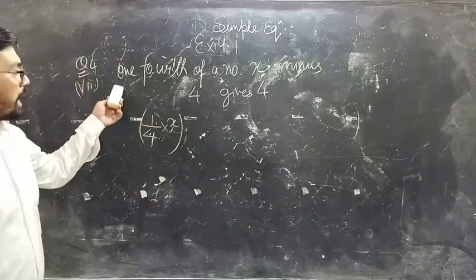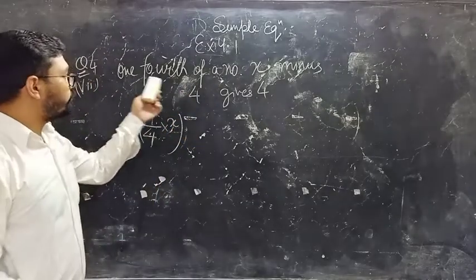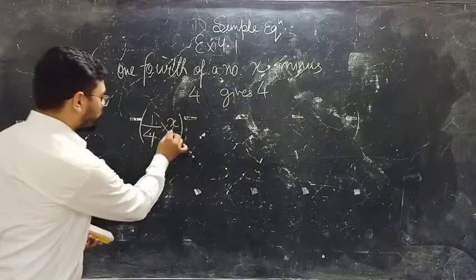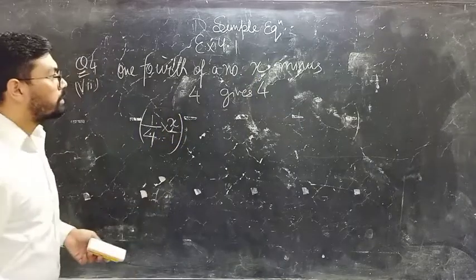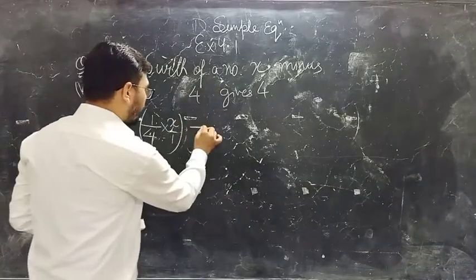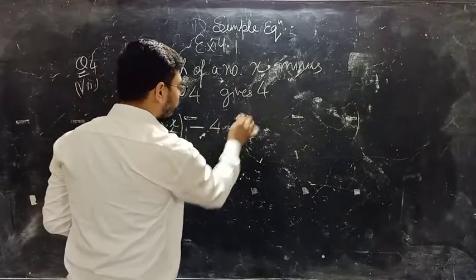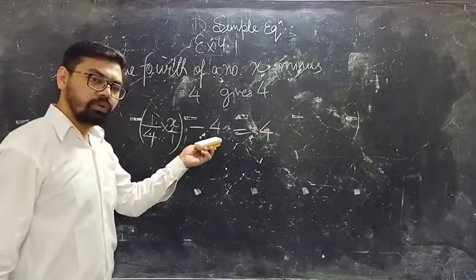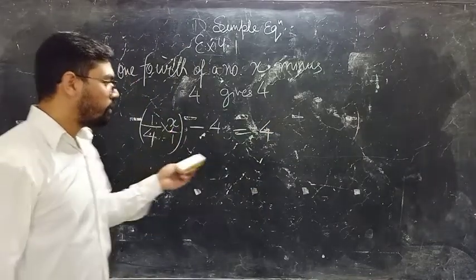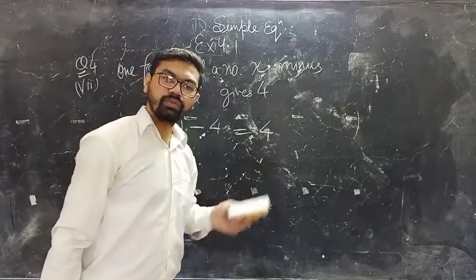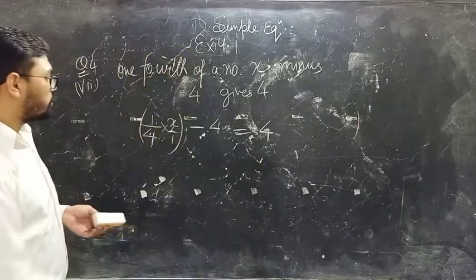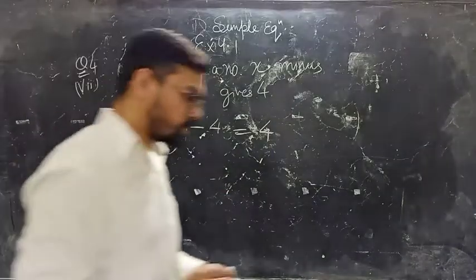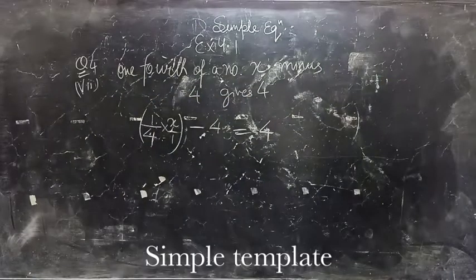After reading this statement, 1/4 of a number x minus 4 gives 4. That means if you subtract 4 from x by 4, the answer that you will get is equal to 4. So this is how you can form an equation from a given statement. Note it down fast.